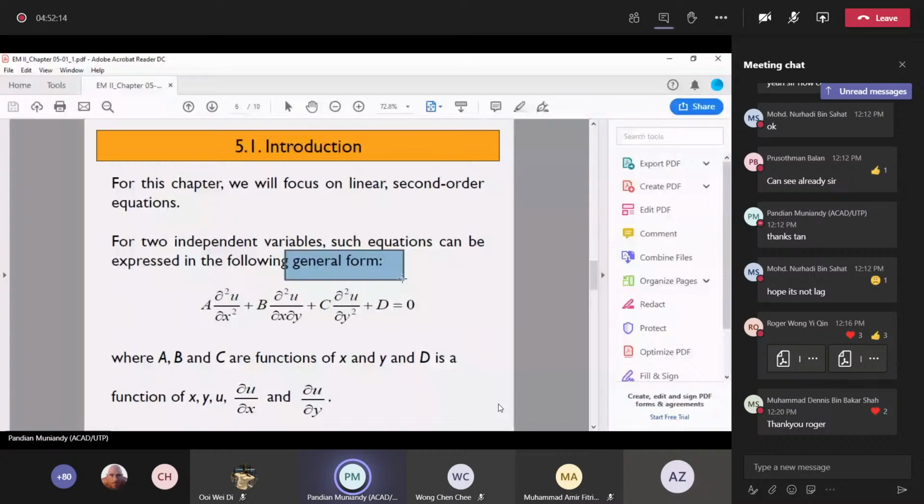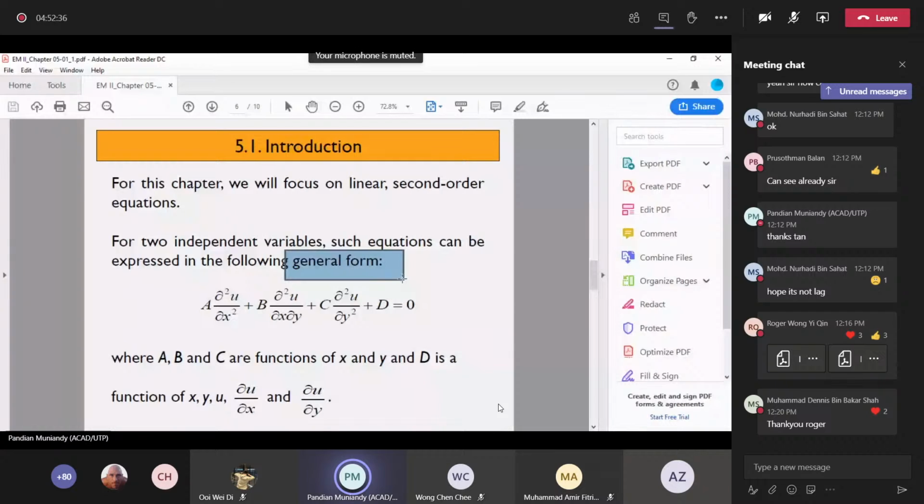In reality, there are not only 3 forms, maybe more than that. So for these 2 independent variables, 1 dependent variable, that is u, a function of x and y, that is the output.